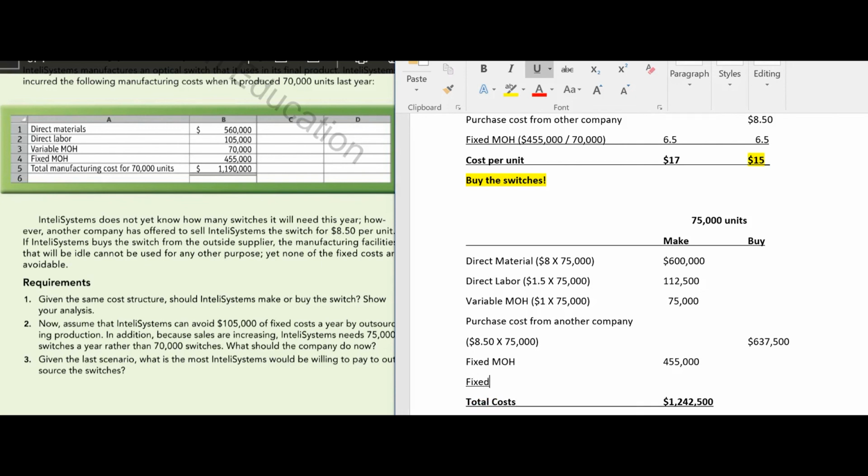That means we could identify the fixed overhead if purchase is made. Right now, under the making option, their fixed overhead is $455,000, but they could avoid $105,000.